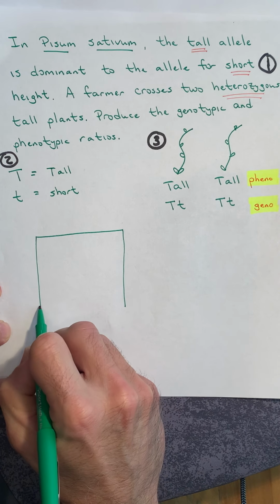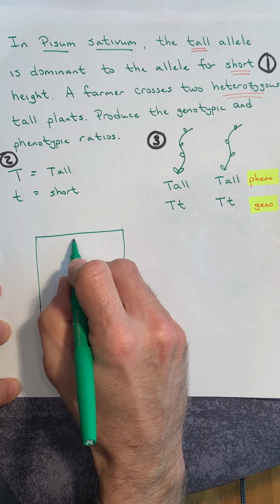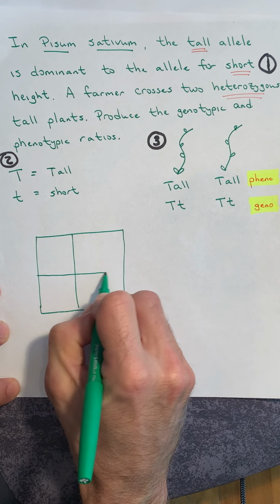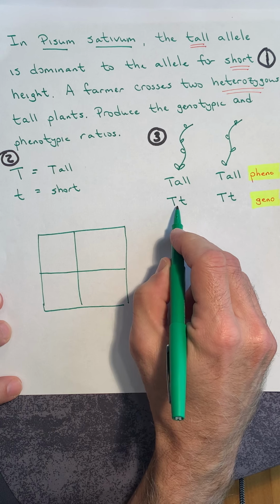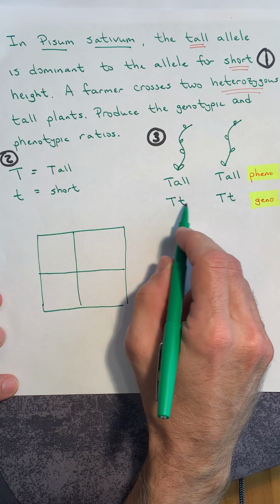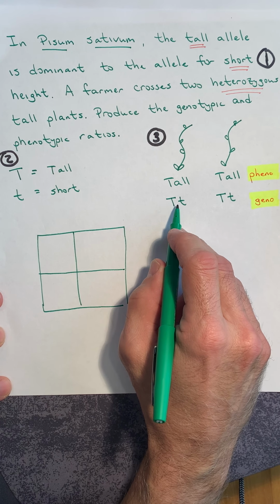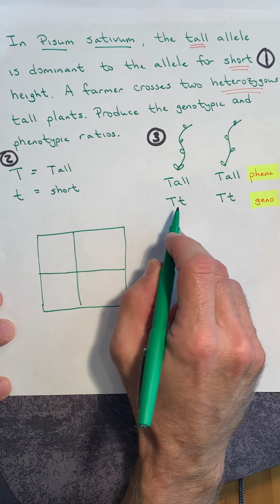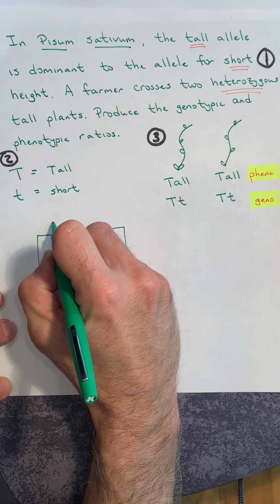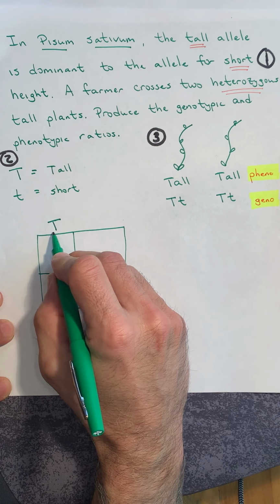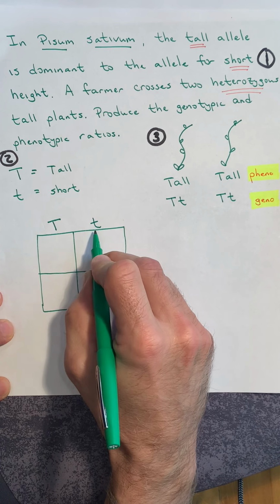And it's really a simple diagram. It's just a square. Now, even though we carry these alleles in pairs, we separate these two alleles. We don't give our offspring both. So this parent offers either the big T, tall, or the little t, short.